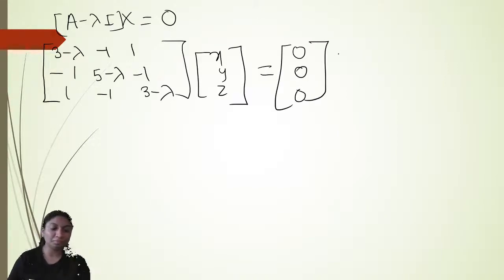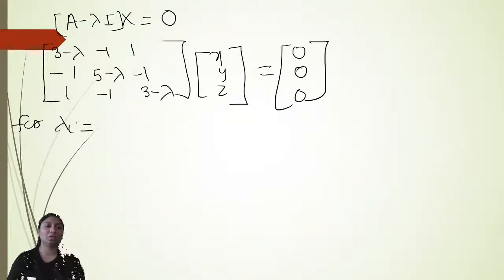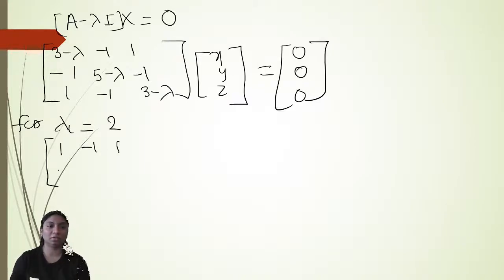Now put the value for lambda 1 is equal to 2. For lambda 1 equal to 2, we will get the system of equations 3 minus 2, minus 1, 1, minus 1, 5 minus 2, minus 1, 1, minus 1, 3 minus 2.